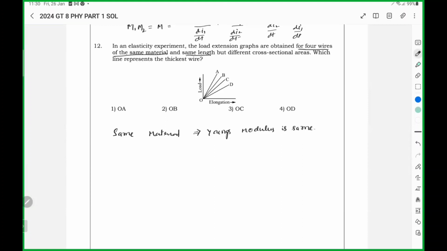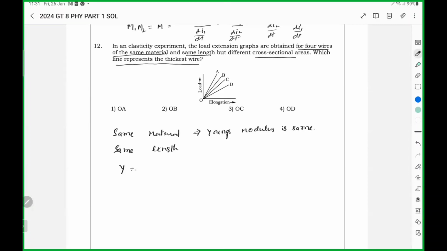Same length, and different cross-sectional areas. So the question is, which line represents the thickest wire? Which has more radius, that is the thickest wire. Which has lesser radius, that is the thinnest wire.